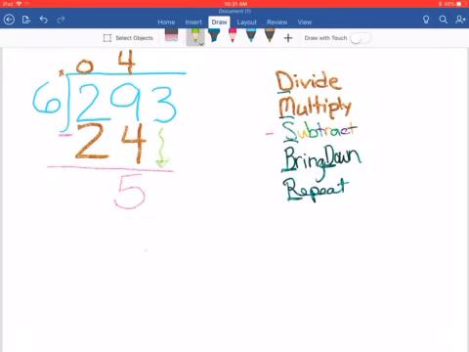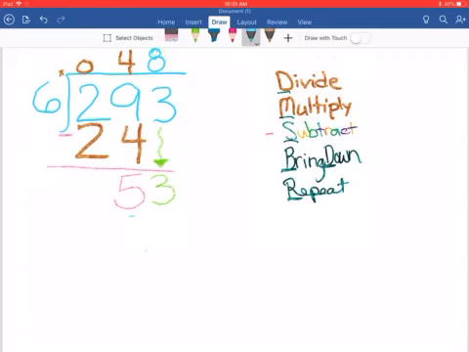And I'm going to bring down the 3. All right, 53 divided by 6. Well, I know 6 times 8 is 48. And 6 times 9 is 54. So that's going to be 8. And remember, it's over the top of the 3.